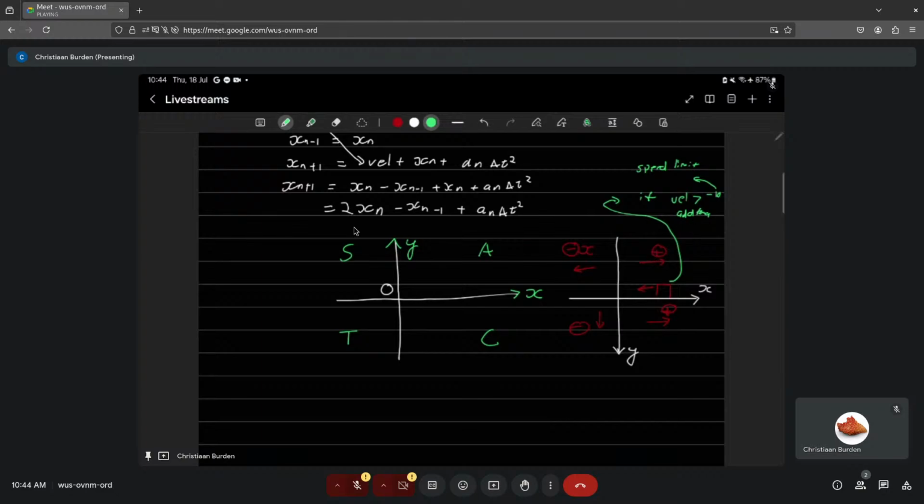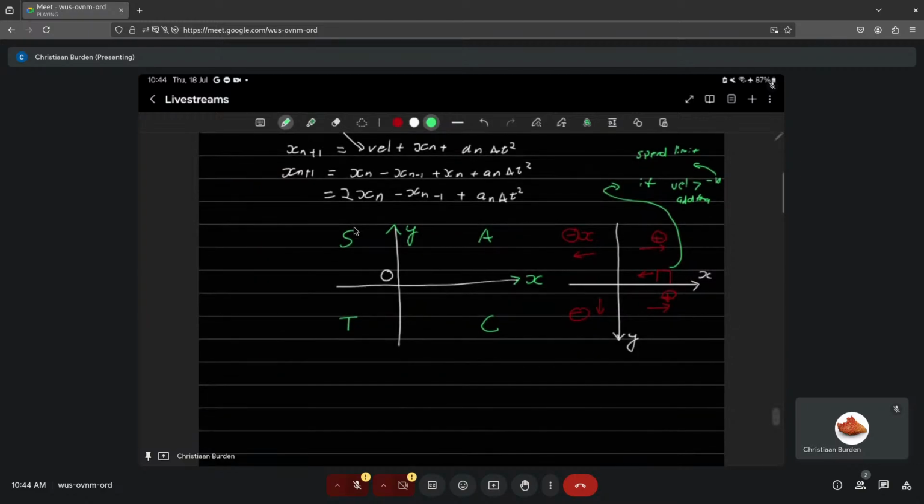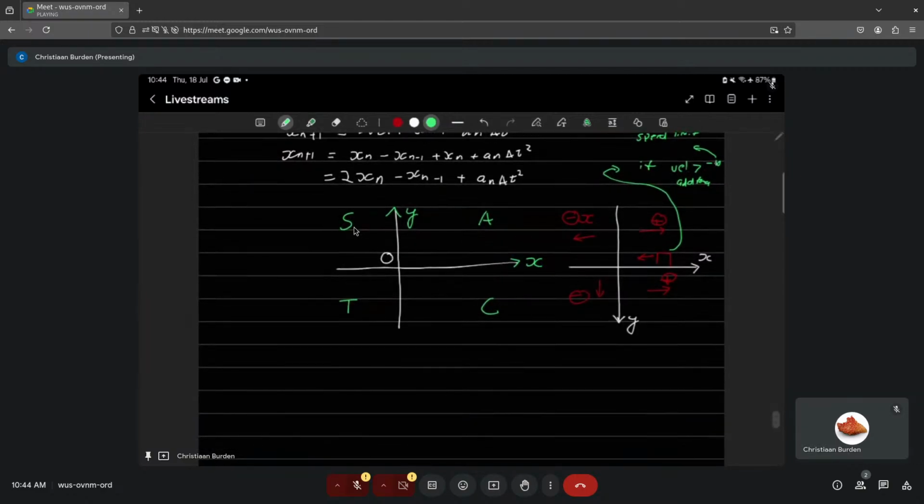However, if it's not greater than minus 10, we limit it. So let's say it's minus 11. Then we are going to add another force when the player presses left.